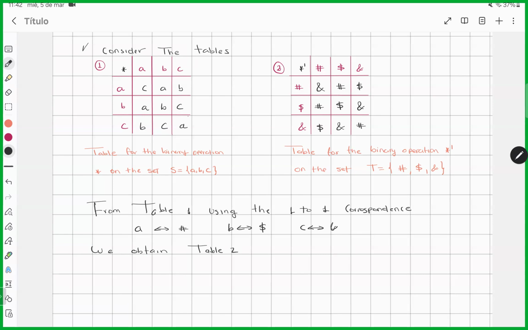Okay? So these two tables differ only in the symbols denoting the elements of the set and in the symbols denoting the binary operations.